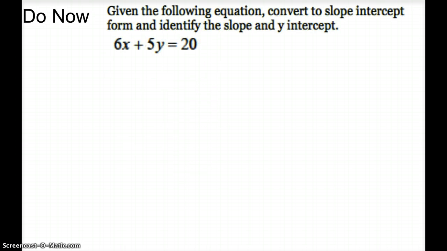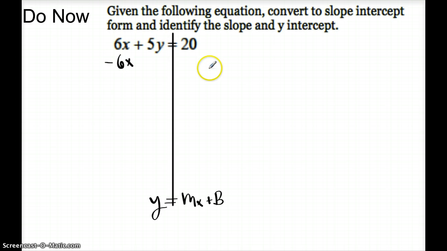Next student question, same thing. Again, in the end, when I'm done with this equation, I should have at the very, very bottom y equals mx plus b. I'll make sure it matches. Minus 6x, minus 6x. Note they don't line up because they're not the same. These cancel. 5y equals negative 6x plus 20.